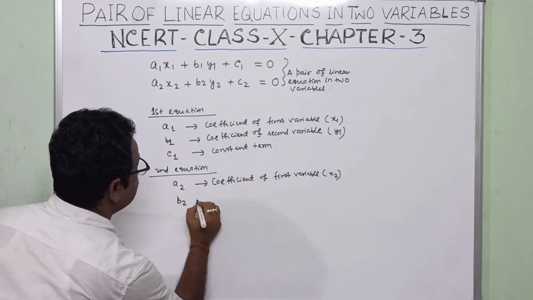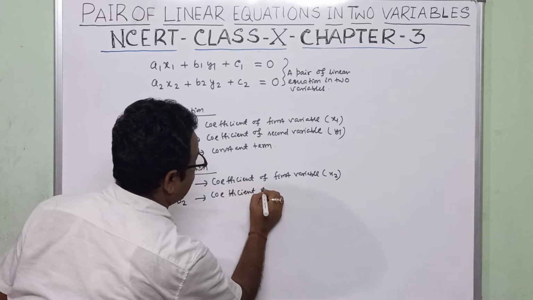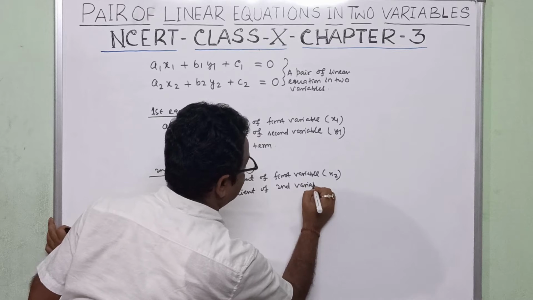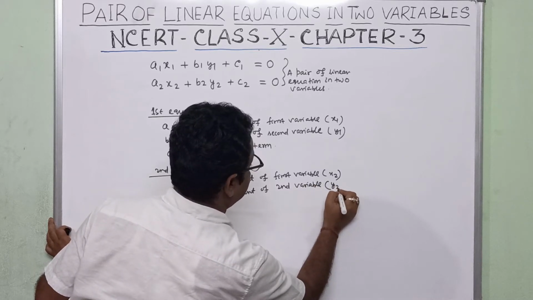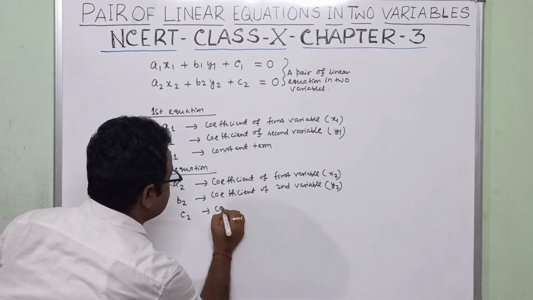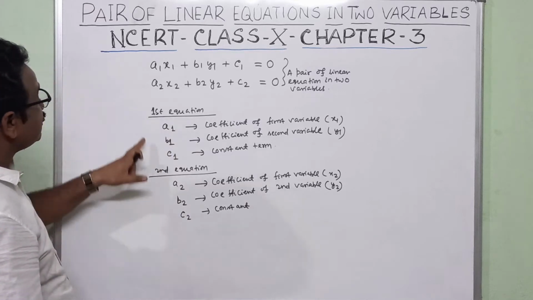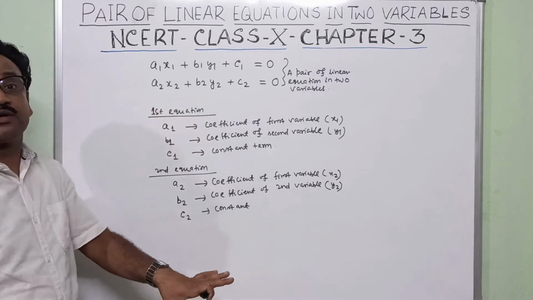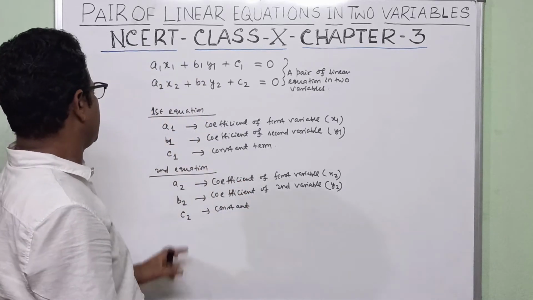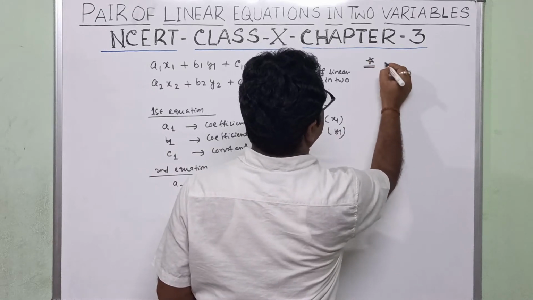So b2 is the coefficient of the second variable y. Now c2 the constant. So these are in the second equation, this is in the first equation. Both are a pair of equations. So remember it, very important. Note it.